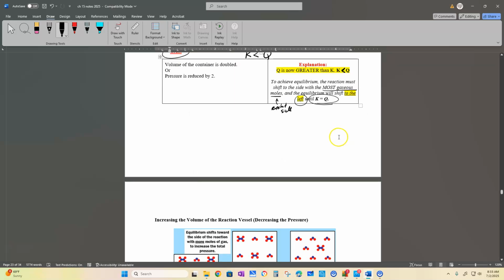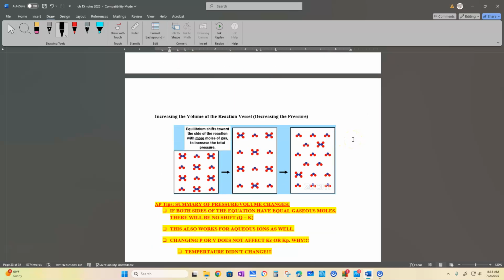Okay? So this is what it looks like. Same thing. I had 6 moles of N2O4, and then I have NO2. And I increased volume, so notice the container got bigger, okay? And by increasing the volume, my pressure goes down.